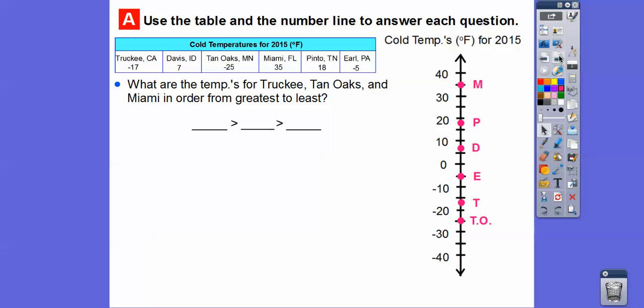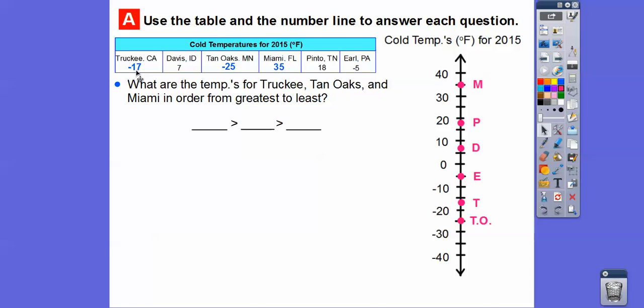Now this one says, what are the temperatures for Truckee, Tan Oaks, and Miami in order? Now be careful, this one says from greatest to least, so the arrows point the other way. So this is going to be the biggest number right here. So we're focusing on Truckee, Tan Oaks, and Miami. Okay, so we're looking at these three numbers right here.